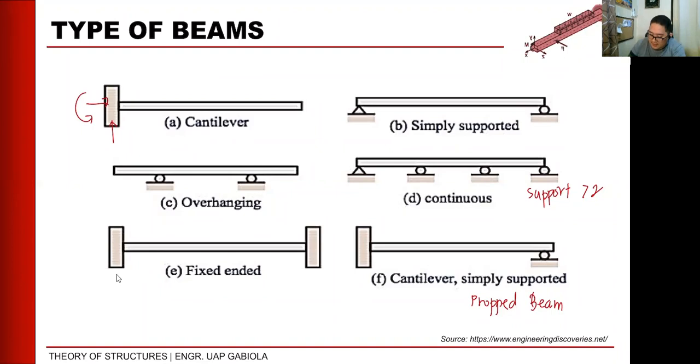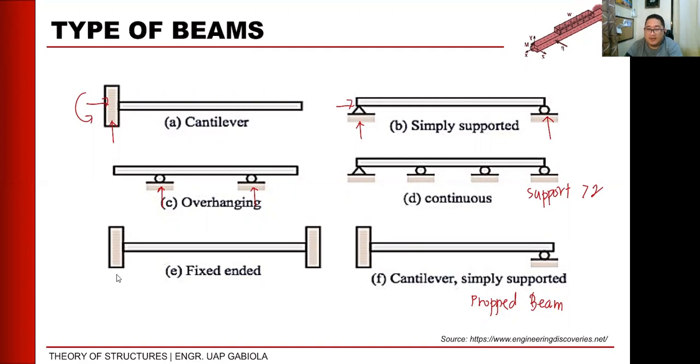Okay? Then dito for simply supported, we have a hinge which has 2 reactions and then a roller na merong 1.